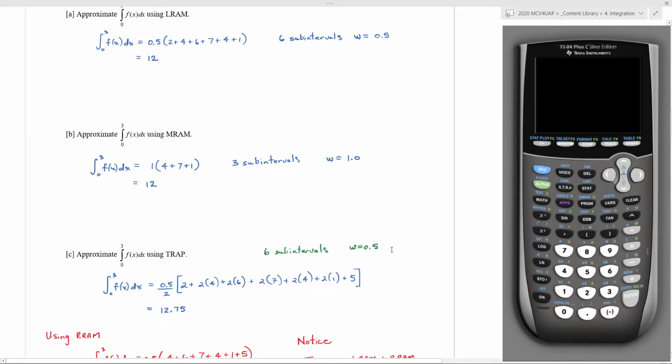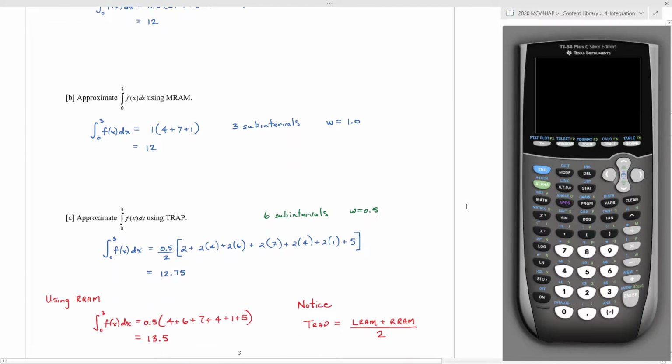There was another way I could have done that trapezoidal approximation. So I've already found LRAM in part A. If I can find RRAM, then really all I need to do is average LRAM and RRAM, and that would be the trapezoidal approximation. So I've done the right rectangular approximation here.